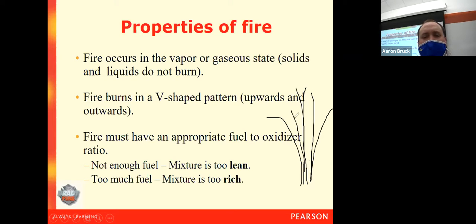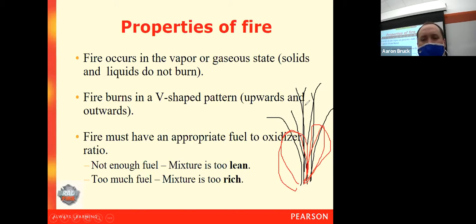Well, as that heat rises, eventually gravity starts to act on it. And so as we come away from the flame itself, we'll start to get those convection currents as it kind of cascades down.